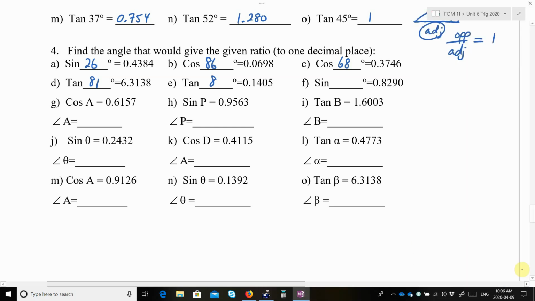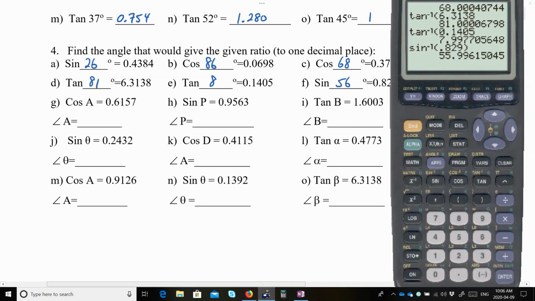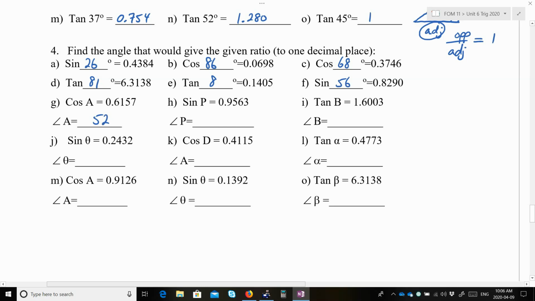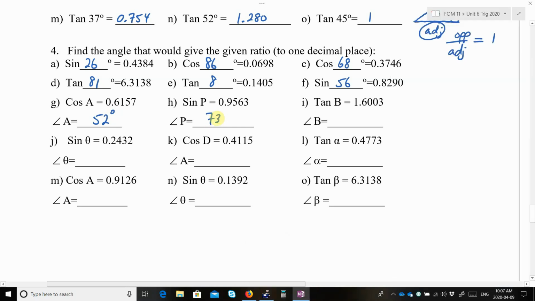About 56 degrees for that. Shift cos 0.6157. Get 52 degrees for this one. Shift sine 0.9563. 73 degrees for this one.